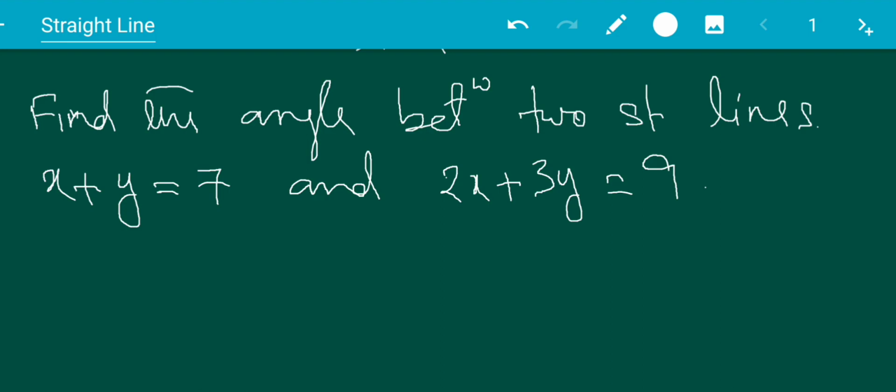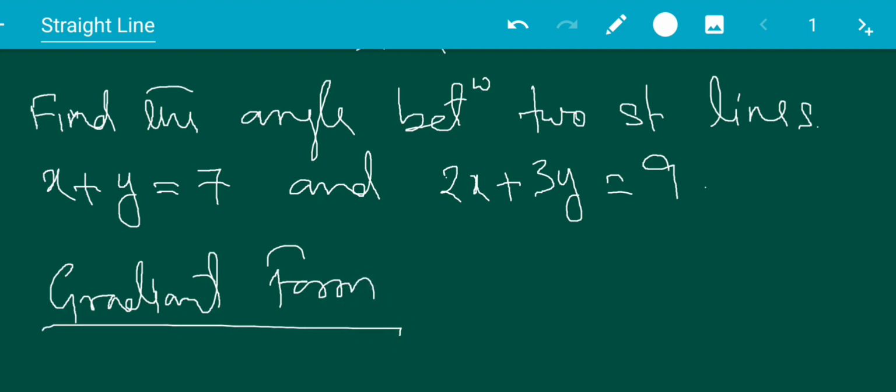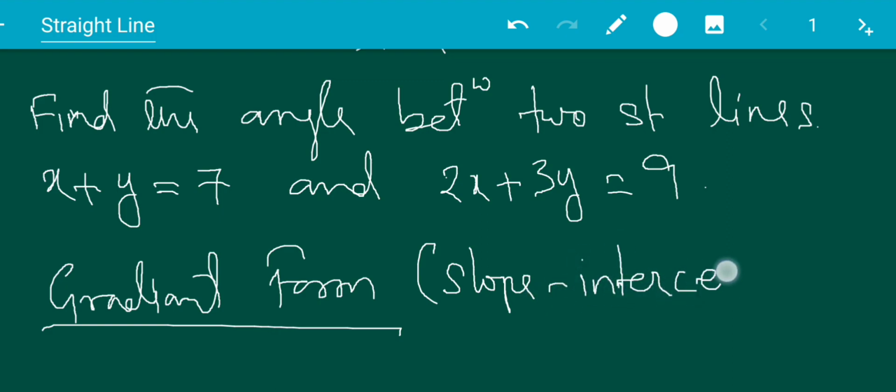So there is a concept called gradient form, or slope intercept form.